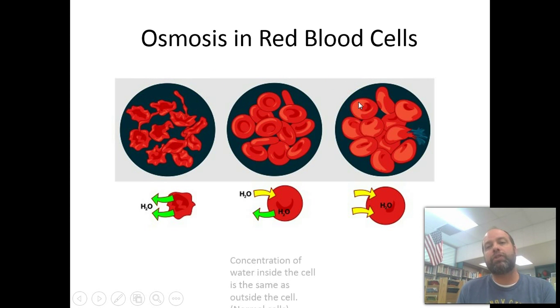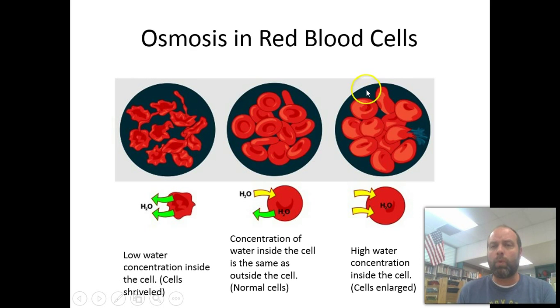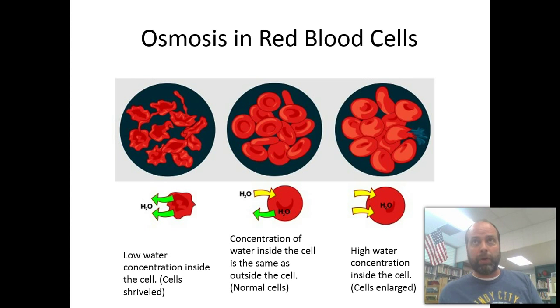In this case, if you have too much water, the water will enter your red blood cells, and your red blood cells will start to swell up, and that's not a good thing. So you want just the right amount of water in your plasma so your red blood cells work properly. So osmosis in your red blood cells is the water moving in and out of your red blood cells.